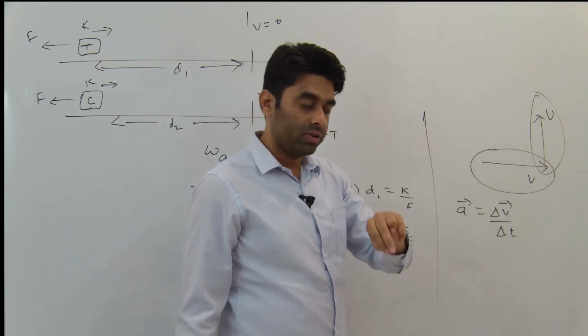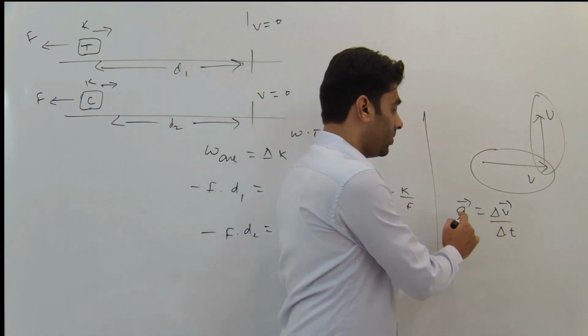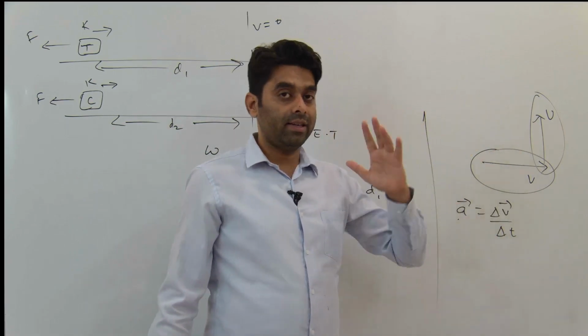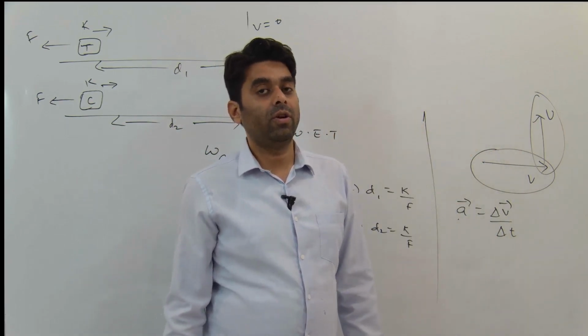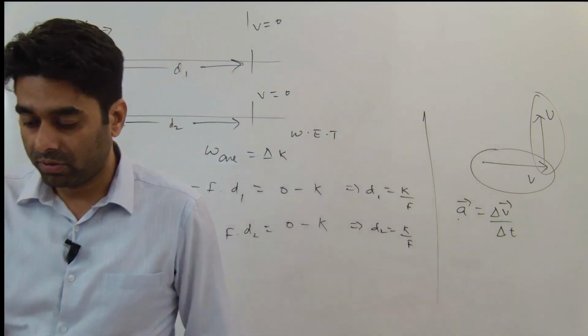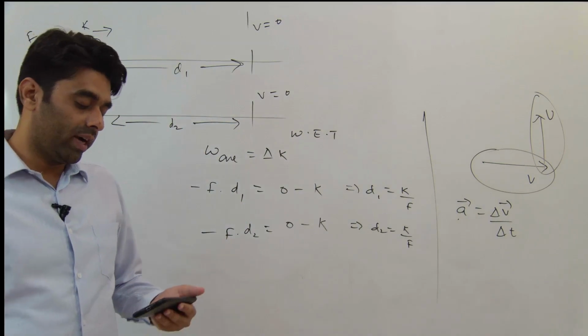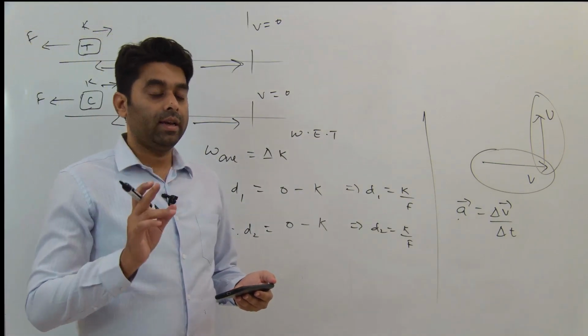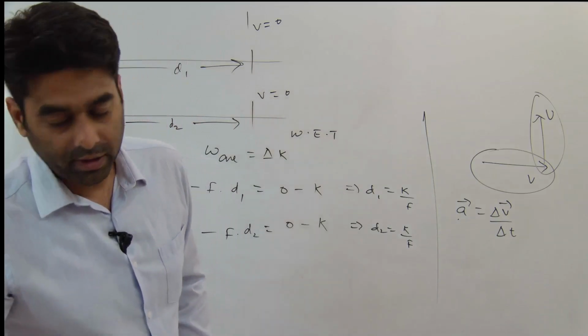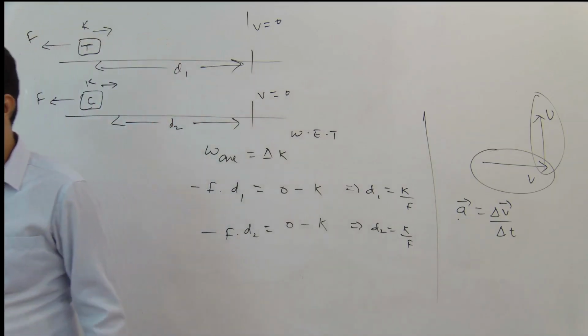Direction changes, velocity changes. Velocity changes, that means your acceleration will be there. Without acceleration, the body's direction will not change. So acceleration is there, that means statement 2 is wrong. So statement 1 is correct and statement 2 is incorrect. Fine. So let us look at the next question.